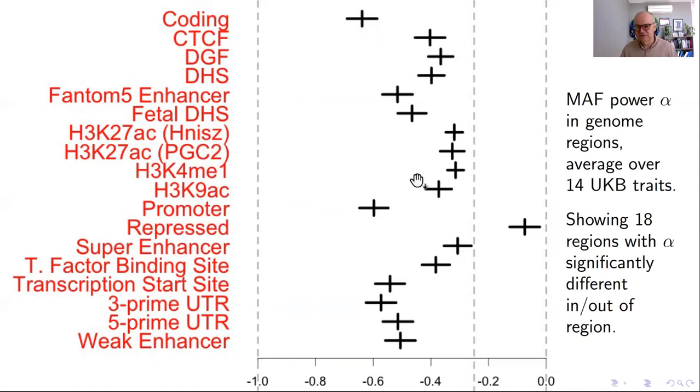So that kind of seems plausible. There's one exception here, this repressed category, but all the others show there is more negative selection within these functional regions than outside them, which is not too surprising. And also coding and coding related things like promoter and 3' UTR have the strongest negative selection of the categories that we considered here.